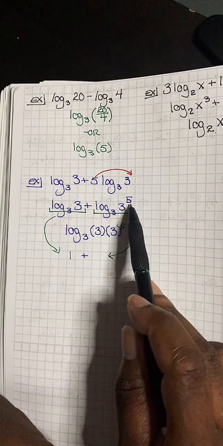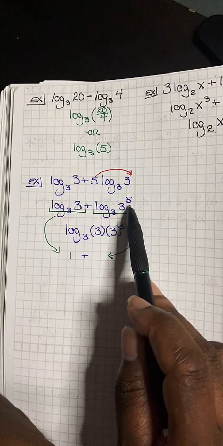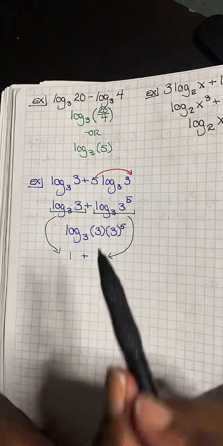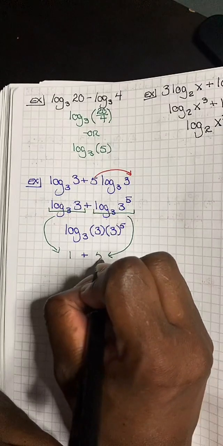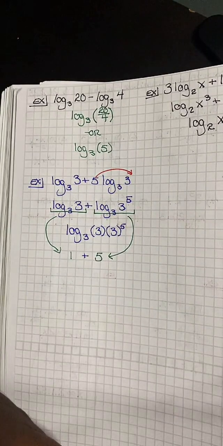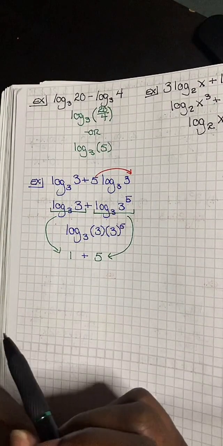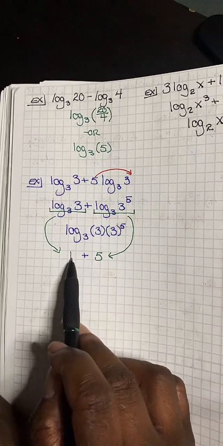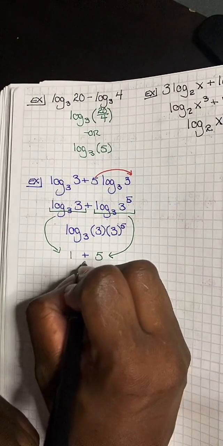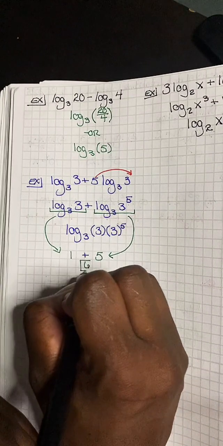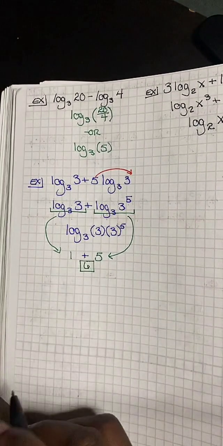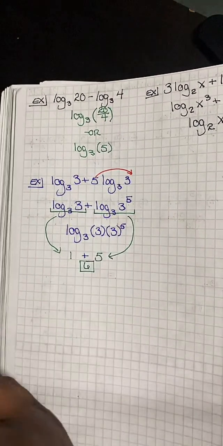Good, Cookie. Good, Michael. It is going to be that exponent of 5, which is now a whole number of 5. So that's how Pog got 6, because 1 plus 5 gives me 6. You also see it here.